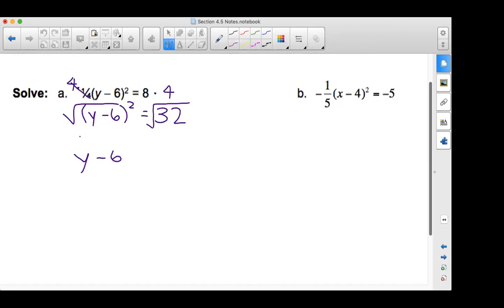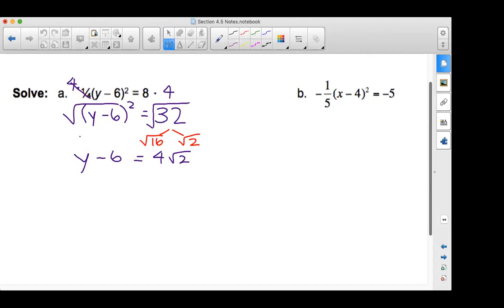Mm-hmm. Awesome. So then what does that become? 4 square root 2. Perfect. 4 root 2. And now what do we have to do to solve for y here?